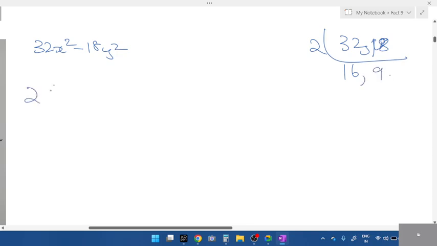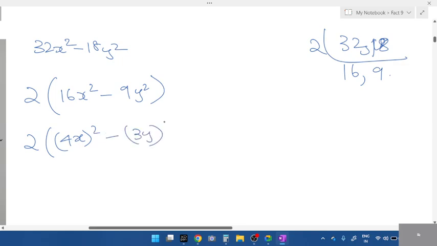That's it. 2 is common. What is the remainder? 16x square minus 9y square. Then how do you convert 16? 4x the whole square. The question is done. What's the value? 2 into (4x plus 3y) into (4x minus 3y).